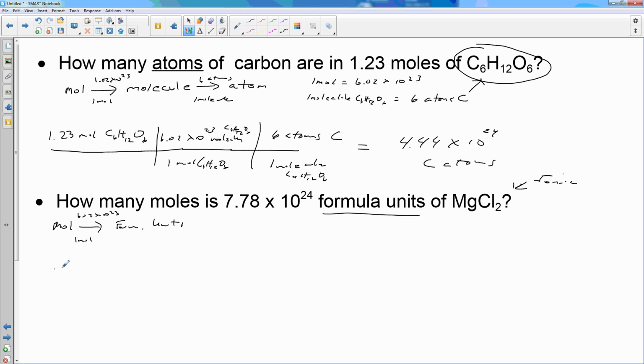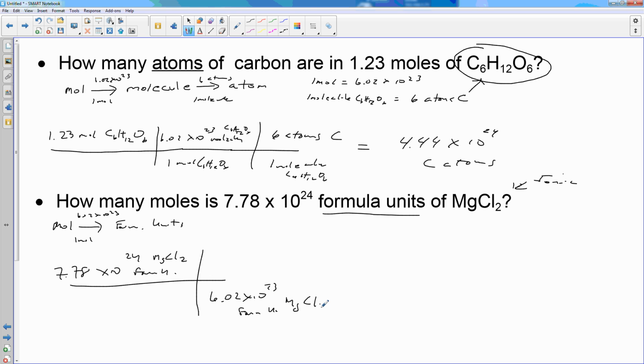So we start our bracket with 7.78 times 10 to the 24th formula units of MgCl2, and we know that 6.02 times 10 to the 23rd formula units of MgCl2 is equal to 1 mole of MgCl2.